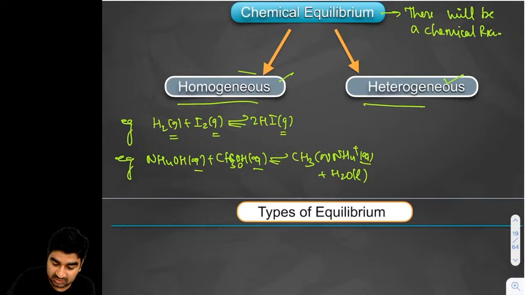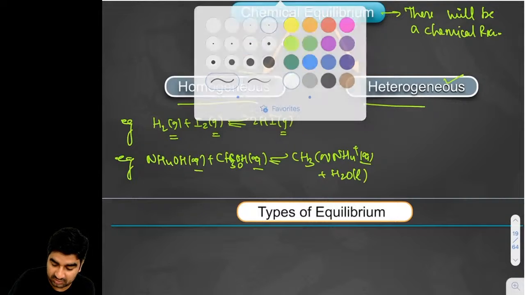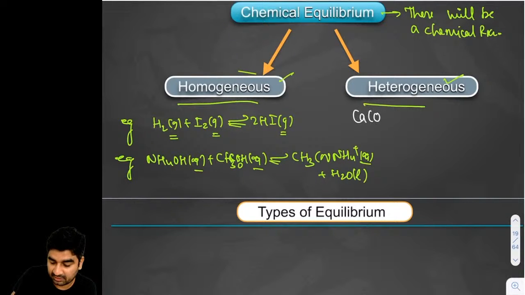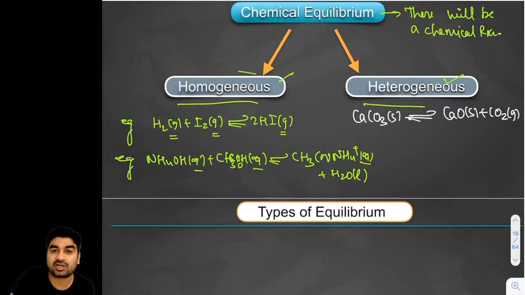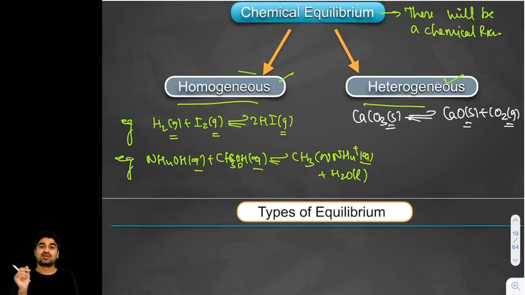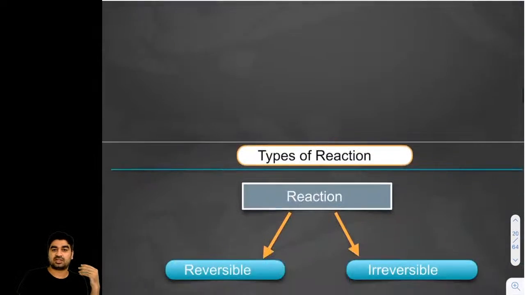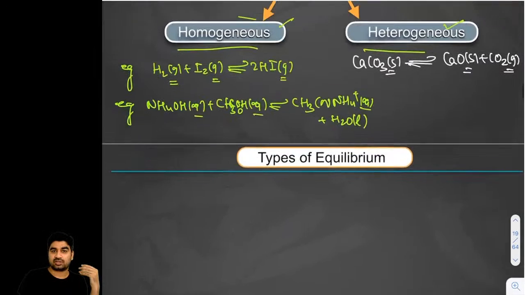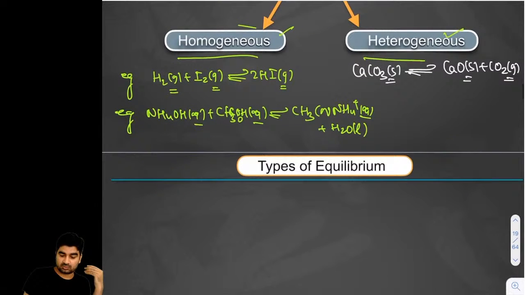Now what is heterogeneous phase, guys? In heterogeneous, I can take it like this. Here you can observe these two are solids, but this is gas. So it will be heterogeneous. Note it down.